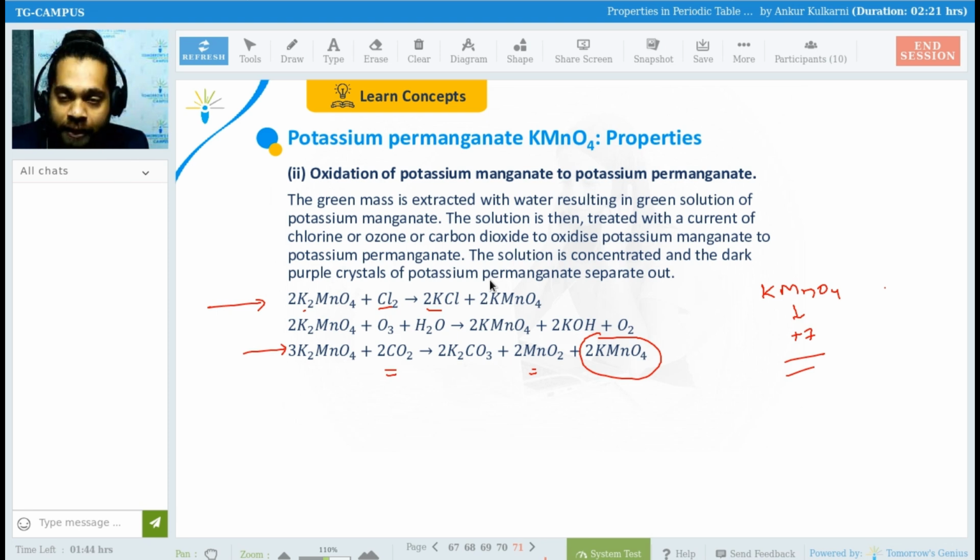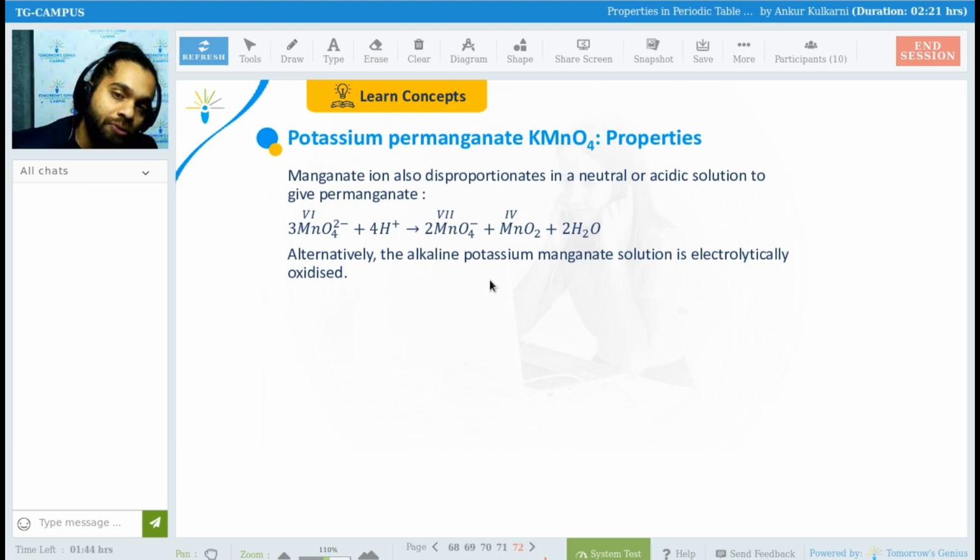Kevin, Anthony, what is disproportionation reaction? I'll give you a hint. This is a disproportionation reaction in front of you. You have the reaction in front of you. Now tell me, please.